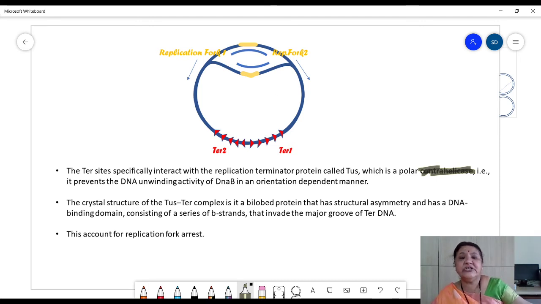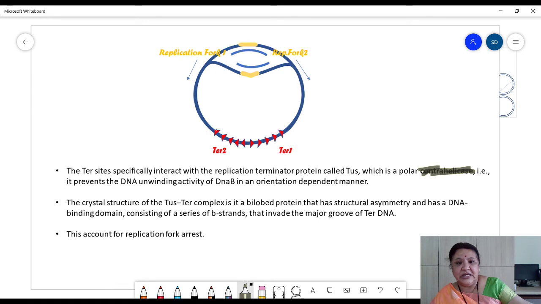Suppose replication fork 2 is faster than replication fork 1, then it will move in this direction and reach its site where Tus-Ter complexes are present, because of which there is arrest of the replication fork's movement. Whereas the replication fork moving slowly will reach there, and once it reaches there, any further movement of replication fork 1 is stopped.